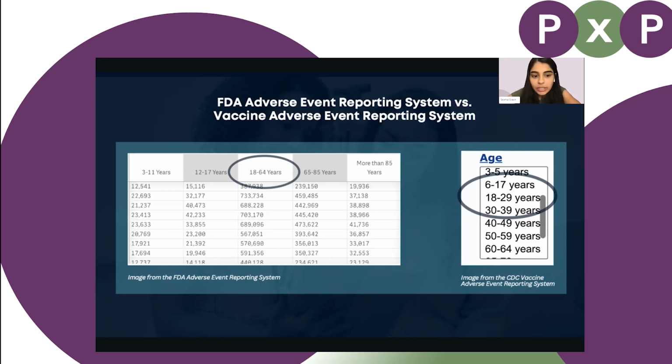So if you take a look at FAERS, for example, the FDA adverse event reporting system, 18-year-olds and 60-year-olds are grouped in the same demographic, which is highly concerning, given the potential differing drug disposition and adverse events. And then you see CDC's obviously is something a lot more reasonable and stratified by ages that make a lot more sense. And so as we're looking at this, we noticed a lot. So, this is just an example of the lack of consensus.